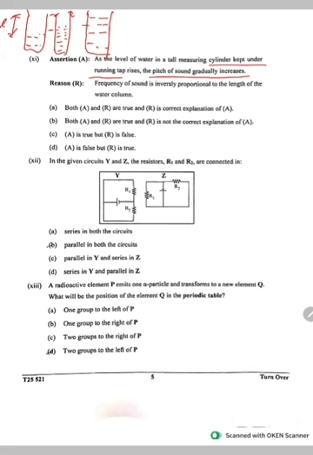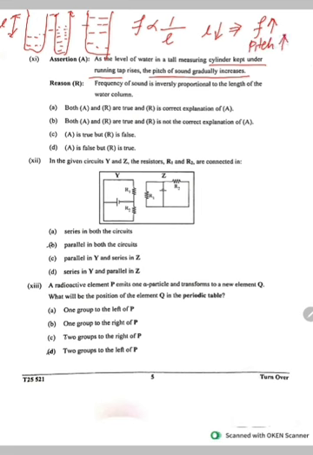So here the air column is decreasing, and we know that the frequency is inversely proportional to the length of the air column. So as the length of the air column decreases, what will happen? Frequency is going to increase. So frequency increasing, that's why pitch is also going to increase.